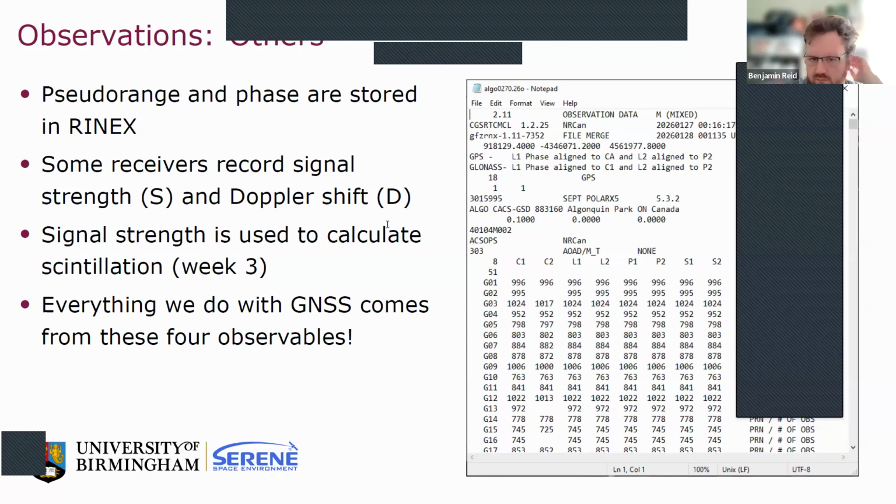Doppler shift, as far as I know, no one in the ionospheric community really uses it for anything, but presumably maybe we could. But this is it. This is essentially all you get from GNSS. You get your pseudo range, your phase, and maybe signal strength, maybe Doppler shift. And then this is it. Everything that we do comes from that.